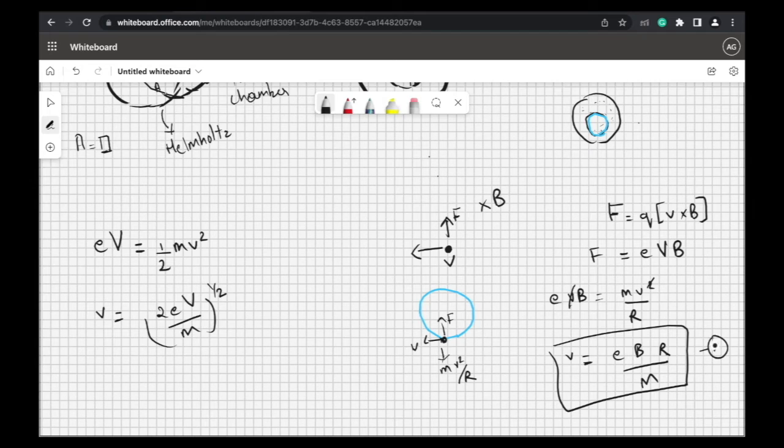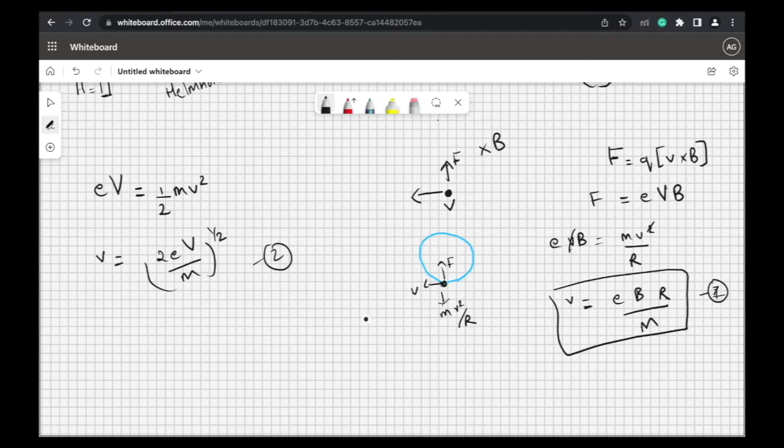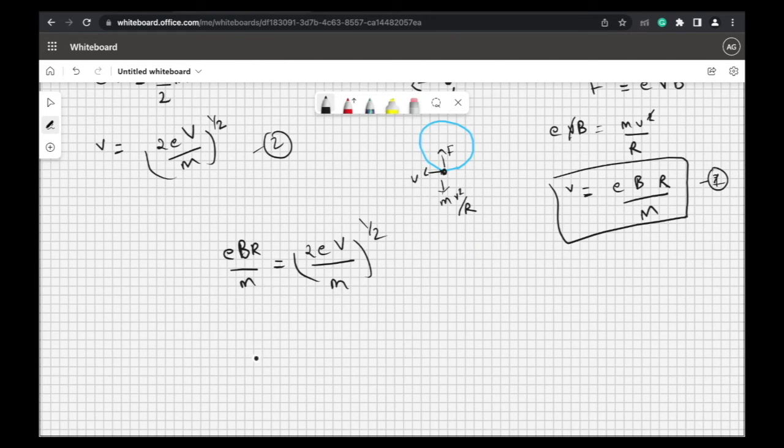Now I have two equations for v. This is equation number 1. This is equation number 2. Both are velocities, so I can equate them. So eBr by m from equation 2 is equal to (2eV/m) to the power 1/2, where this V is capital V, the voltage difference. Squaring both sides, we get e squared B squared r squared by m squared is equal to 2eV by m.